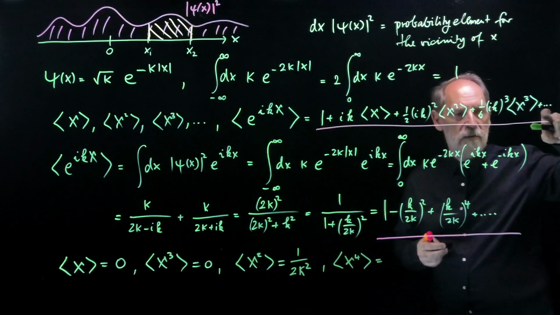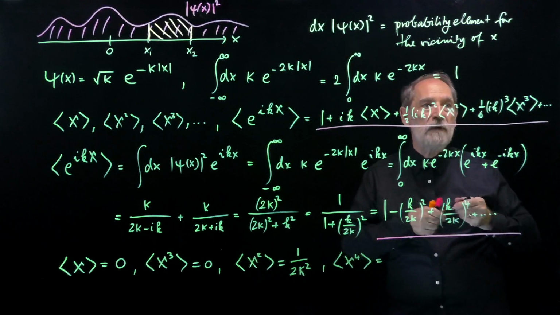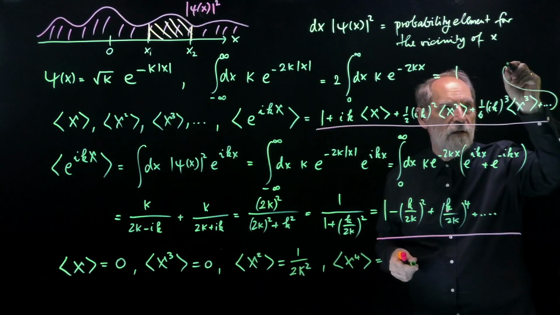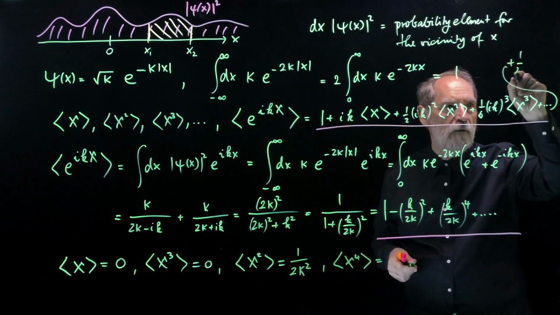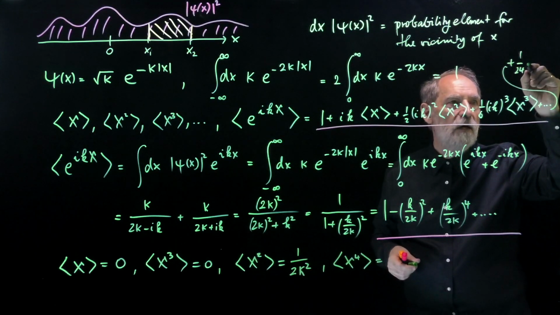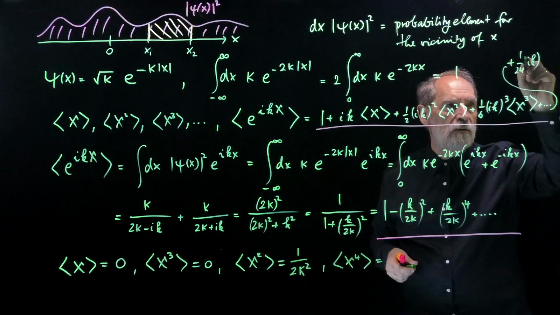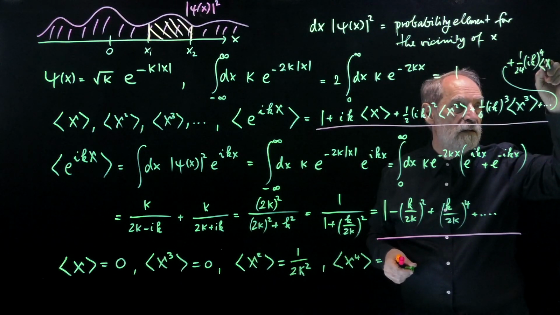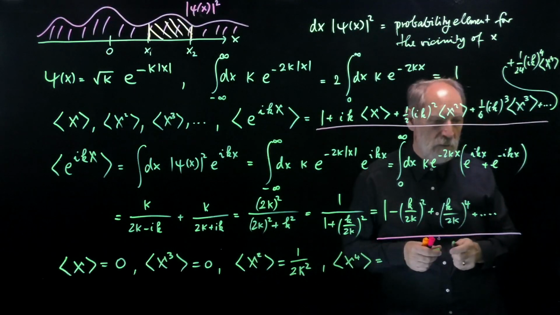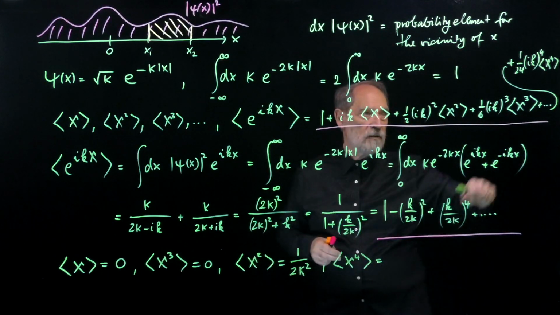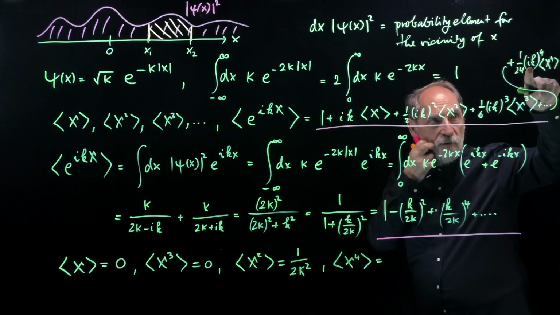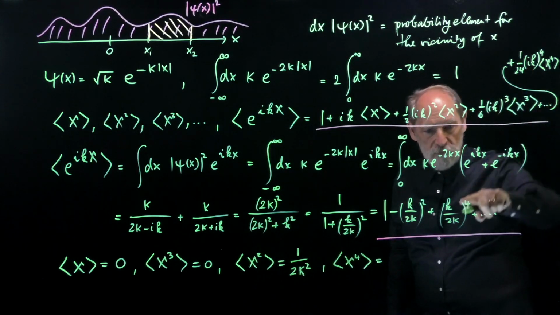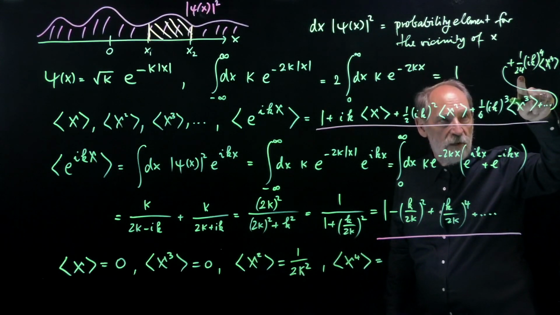And for x to the fourth, well, we read off there. I haven't written the term, but if I just continue here, then the next term is 1 over 4 factorial, 24, ik to the fourth, and x to the fourth. So that would be the next term here. So it's k to the fourth, i to the fourth is 1, k to the fourth here. It's 1 divided by 24.